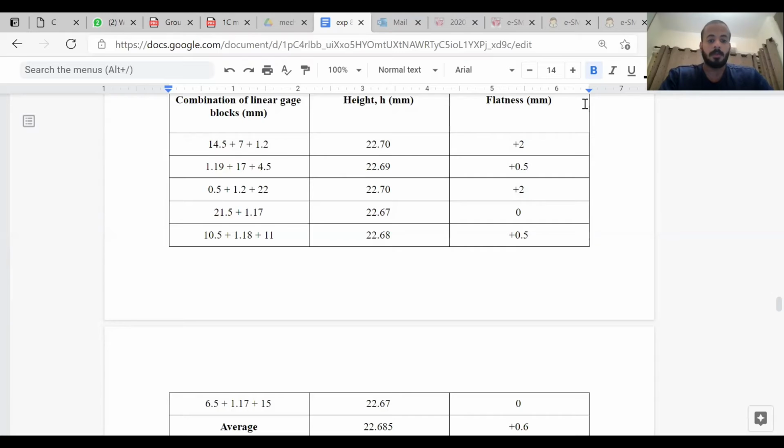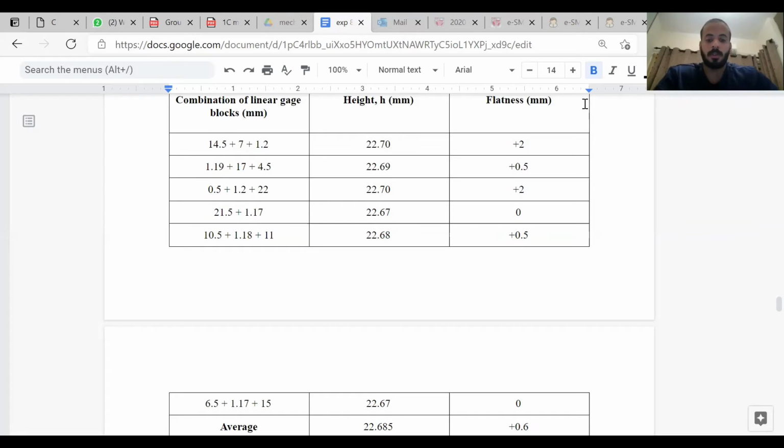Then the experiment proceeded until a combination that gave a total height of 22.67 mm was found, which was from the combination of 6.5 mm, 11.7 mm, 15 mm, 21.5 and 1.17. This combination resulted in 0 mm flatness, which was the objective of this experiment.